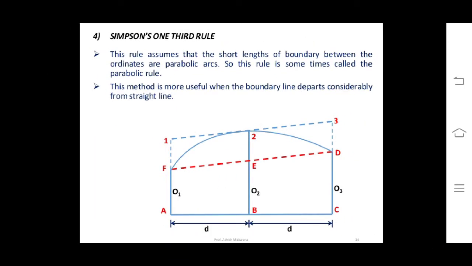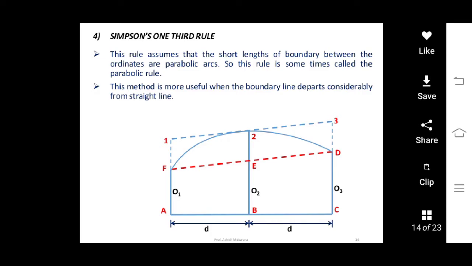Simpson's one-third rule is one of the methods for finding out the areas. This rule assumes that the short length of boundary between the ordinates are parabolic arcs. So this rule is sometimes called the parabolic rule. This method is more useful when the boundary line departs considerably from a straight line.